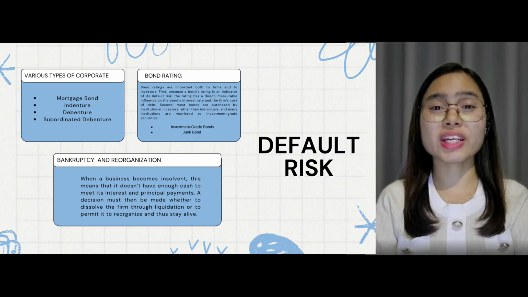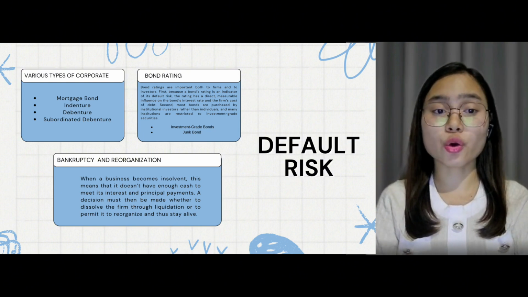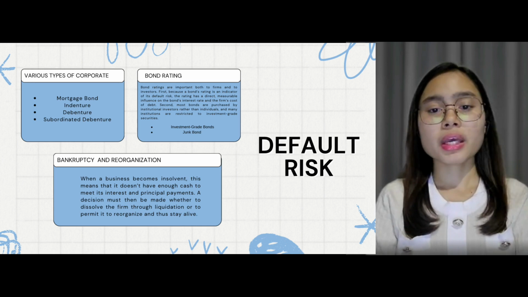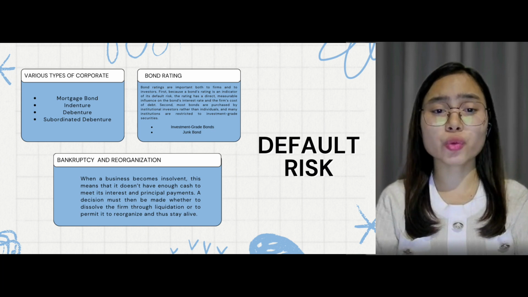Bankruptcy and reorganization. The decision to force a firm to liquidate versus permitting it to reorganize depends on whether the value of the reorganized firm is likely to be greater than the value of its assets if they were sold piecemeal. In reorganization, the firm's creditors negotiate with management on the terms of a potential reorganization.